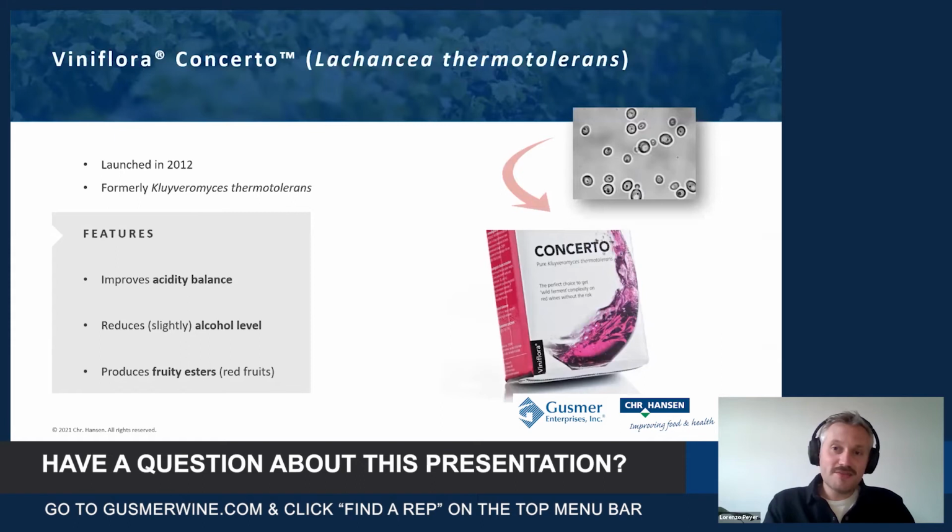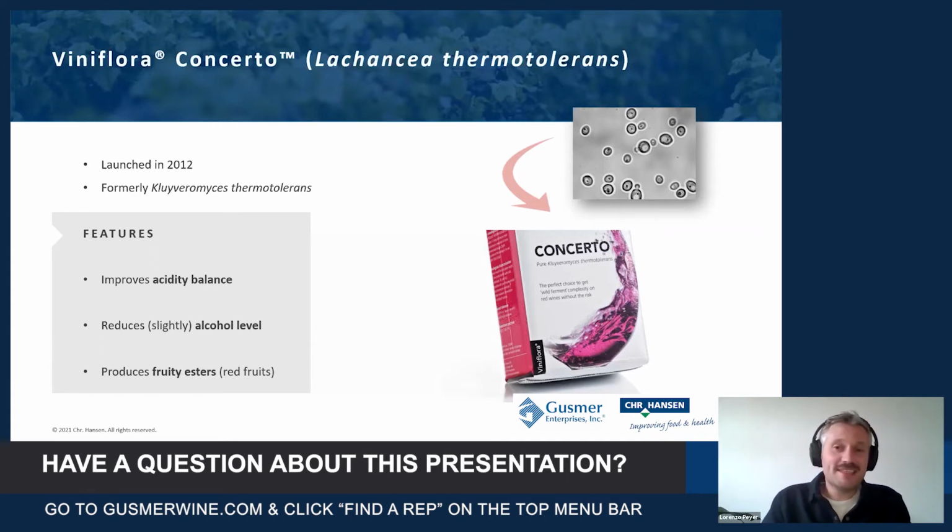Let's come to the last two products, which are coming from the same species, Lachancea thermotolerans. Concerto is the one that we launched earlier, already in 2012. Concerto, or in general, the species of Lachancea thermotolerans, are known to reserve some of the sugar for acid production.